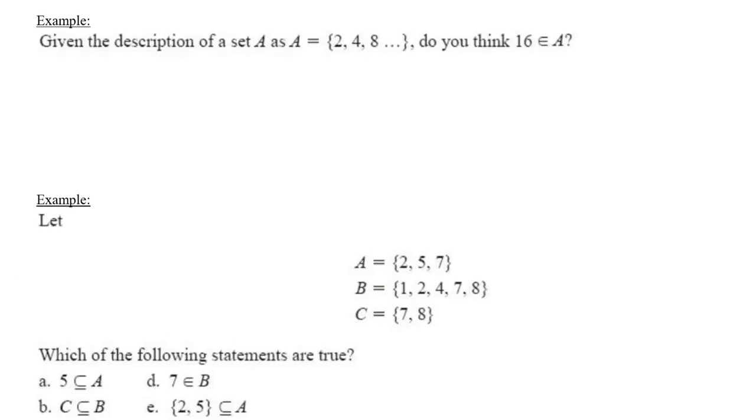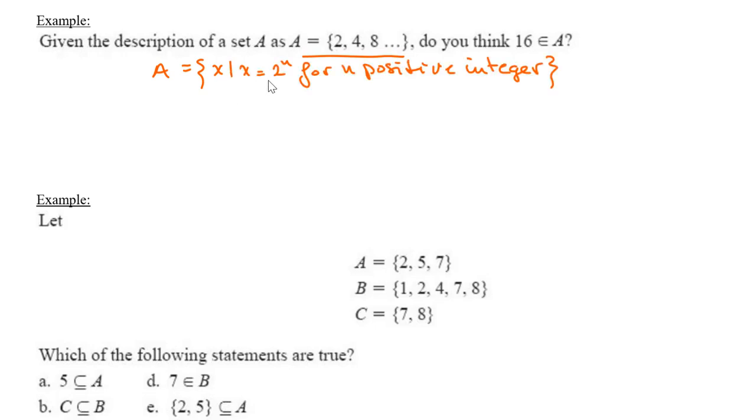Okay, let's see this example. Given the description of a set A as {2, 4, 8}. That's all they gave us, 2, 4, 8. Do you think 16 belongs to A? So, yeah, it could be, but not all the time. It depends what A is. All that's given is 2, 4, 8. So A can be {x such that x is 2 to the power of n, for n a positive integer}.